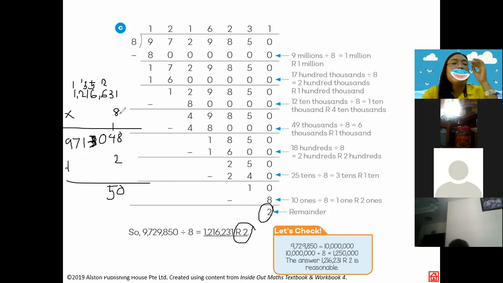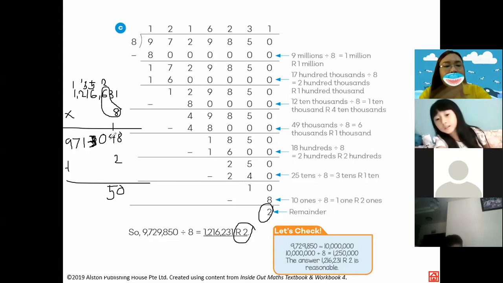Oh, hold on. I think I made a mistake here, class. 8 multiplied by 6, 48.